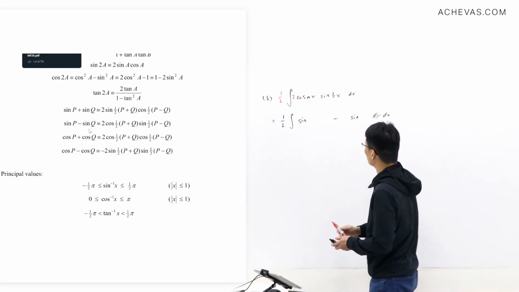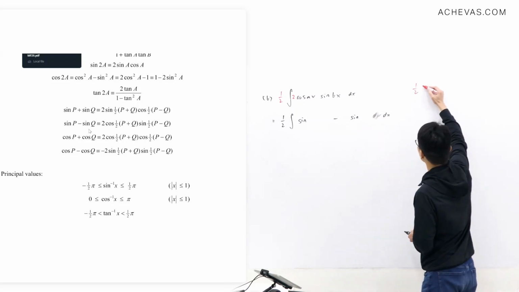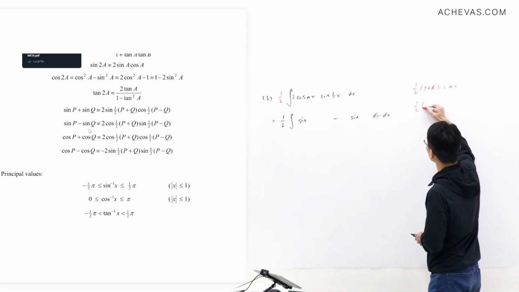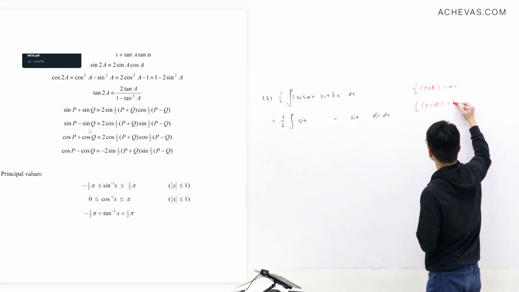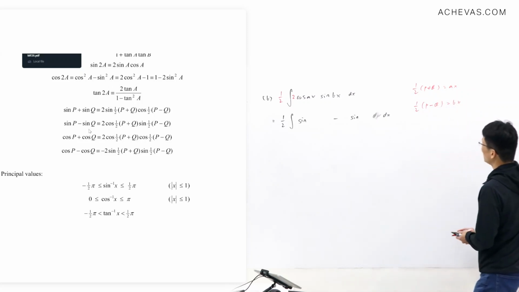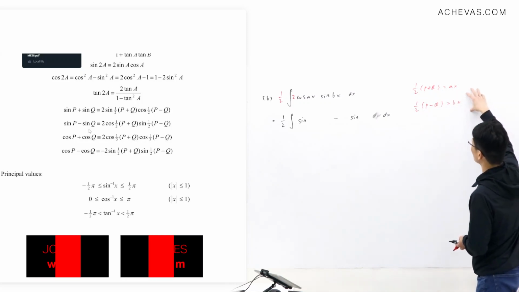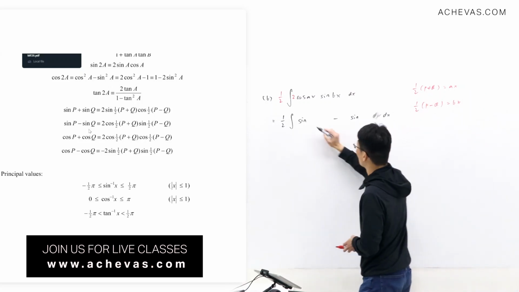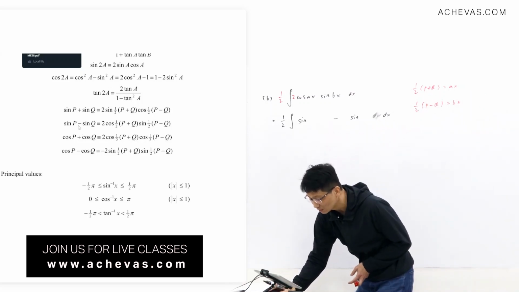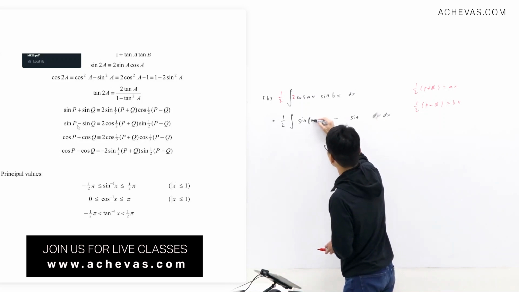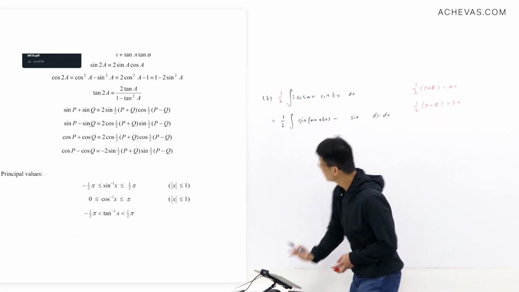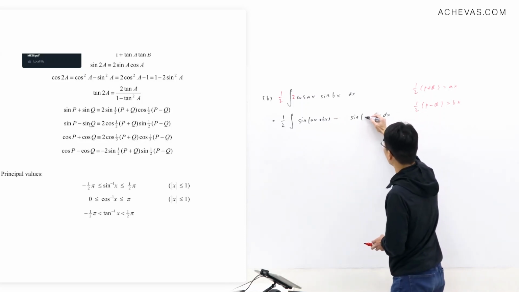By doing a bit of comparison, we can see that half of p plus q will be the same as ax, and half of p minus q is the same as bx. By solving the simultaneous equations, our p here will be ax plus bx. As for the q here, we will get ax minus bx.